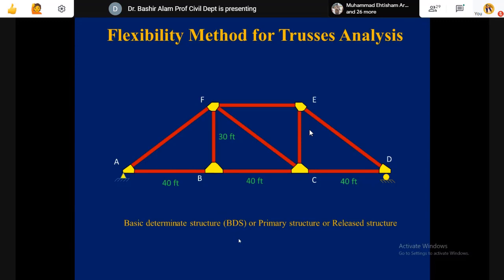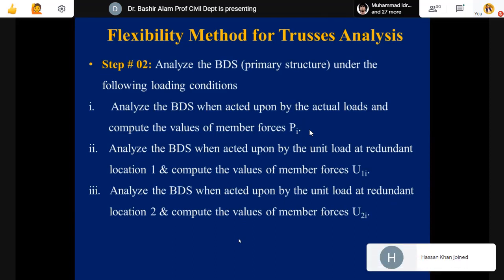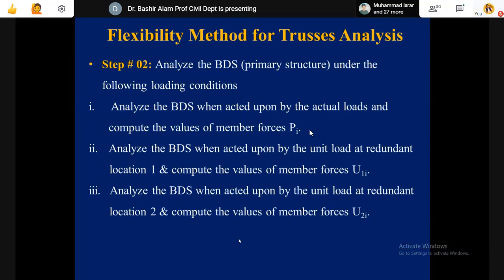Next we go to step number 2. It is 2 degrees indeterminate. So once we analyze the structure under the actual loads, it will give you the capital P values. Then the same basic determinate structure we will analyze under the application of the AR1 unit value, and that will give us U1 values.